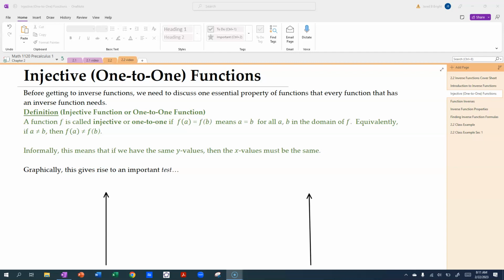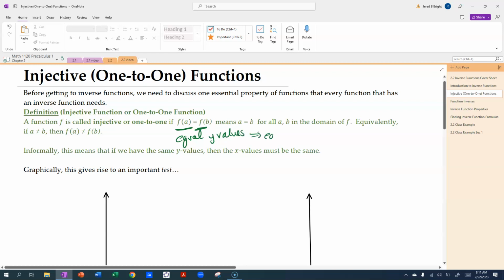But the idea of an injective function, and you can read the definition, it's a little technical, but the idea is that if we have equal y values, so I'm just going to write this in an alternative way: equal y values means that we have equal x values.